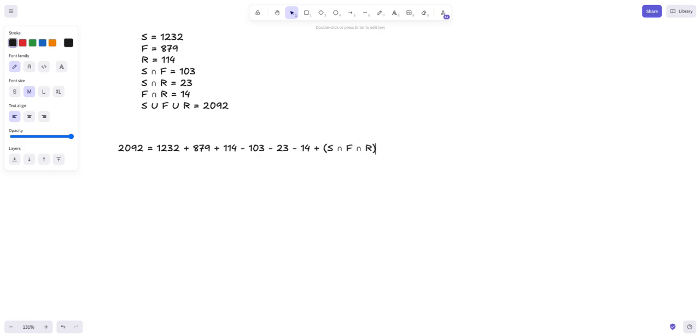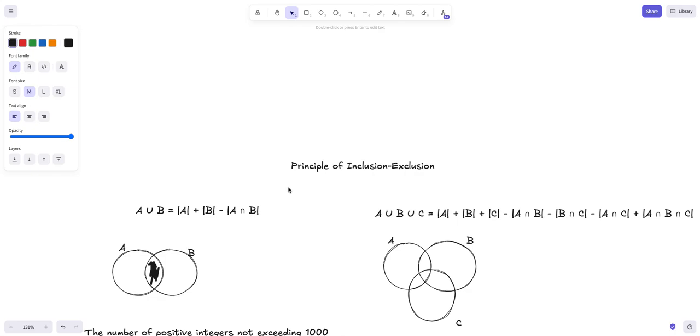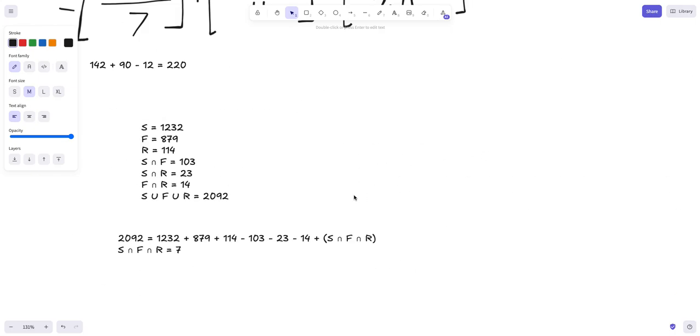There you go. And once we solve this, we're going to end up with S intersection F intersection R is equal to 7. And so this is the way that you would solve problems like this. So these are two important formulas to remember.